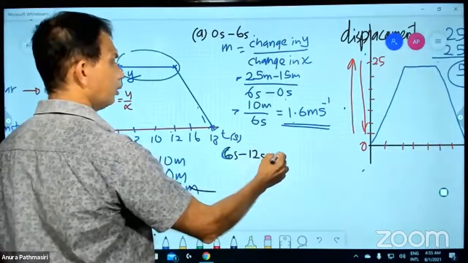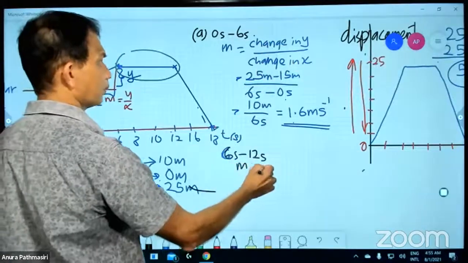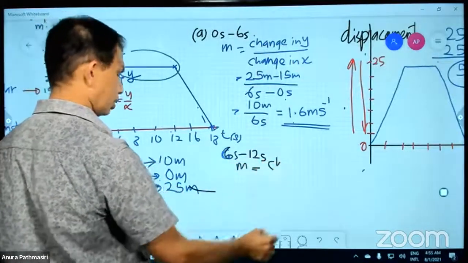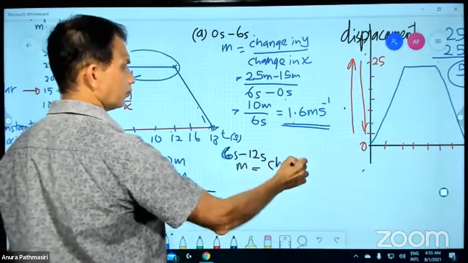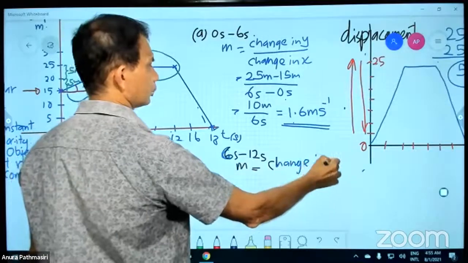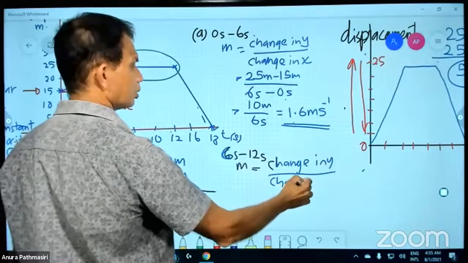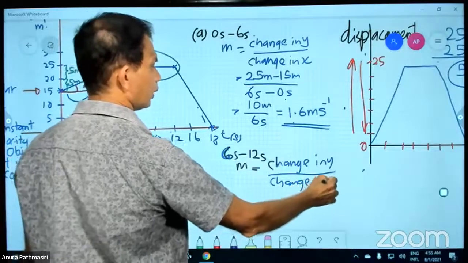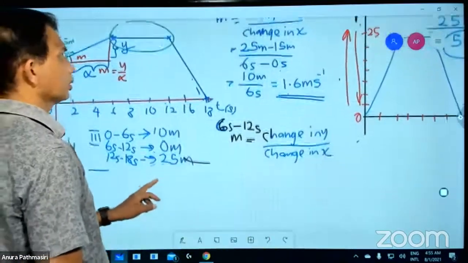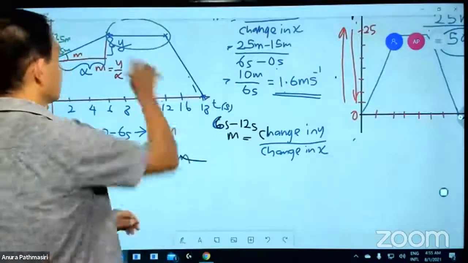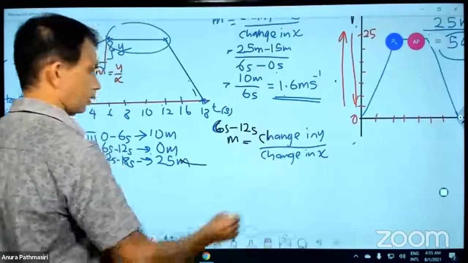I will say m equals change in y over change in x. You don't want to write the answer in the same way that I drew for this part, but I'm going to show you what happened now.